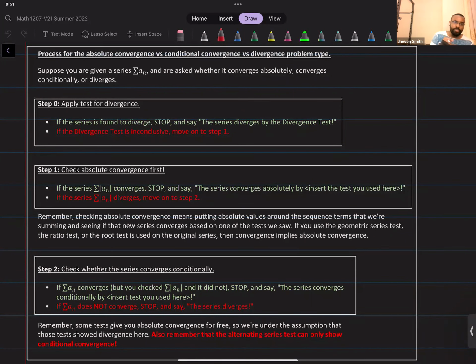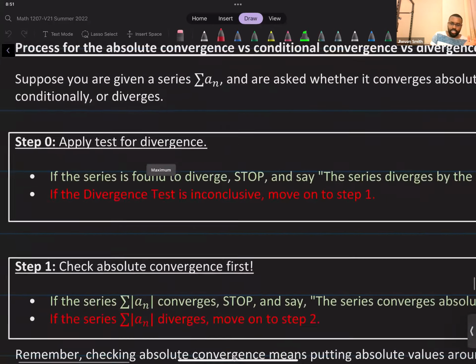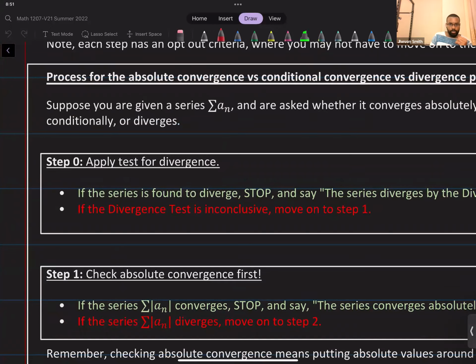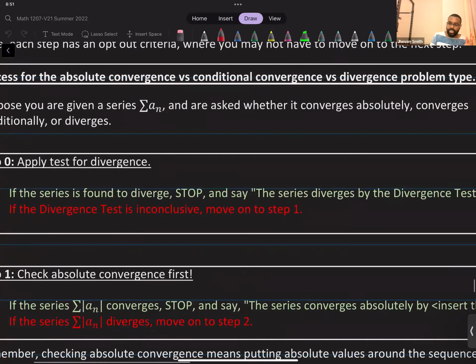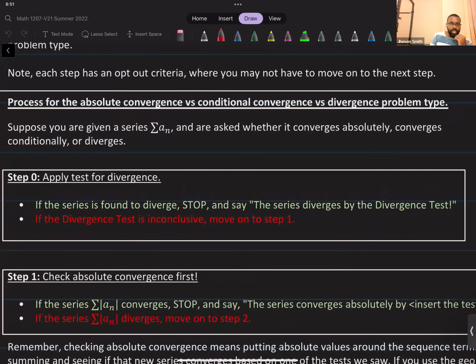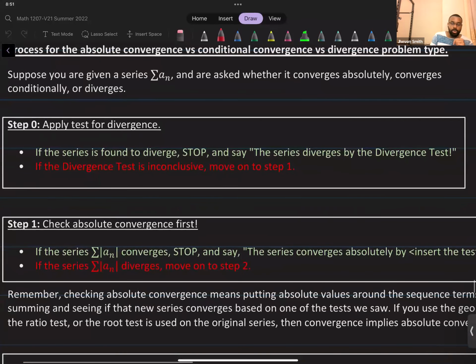If the test for divergence tells you it diverges, you stop, it's over. You don't need to check any convergence. If the test for divergence fails, there is nothing else to talk about. So you always do that as step 0. If it's found to diverge, you stop, you say the series is divergent by the divergence test, and that's it. If the divergence test is inconclusive, that's when you move on to step 1.